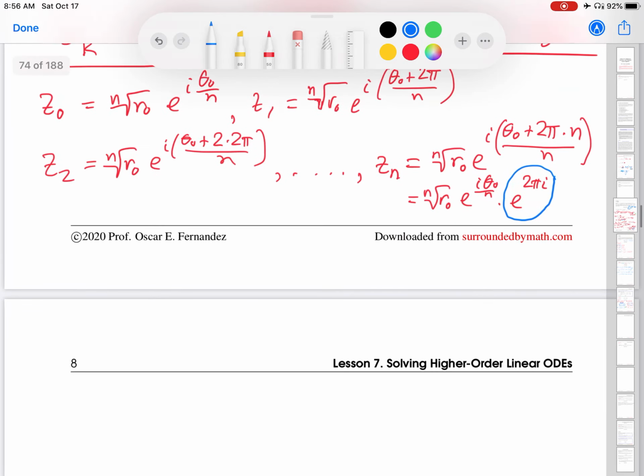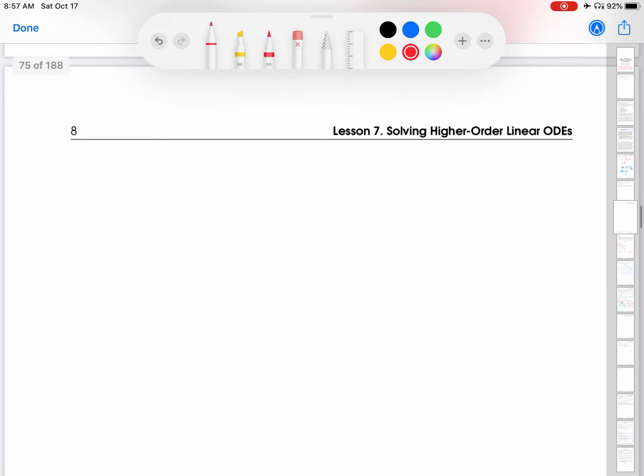So if I go down to the formula right here, this last quantity over here is the nth root of r0 e to the i theta 0 over n. So what has happened? The recap is I started here. I wrote this in the polar form, and I have just derived a formula for the solutions that looks like this.